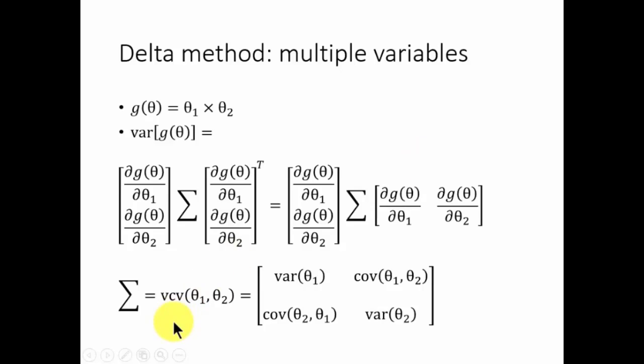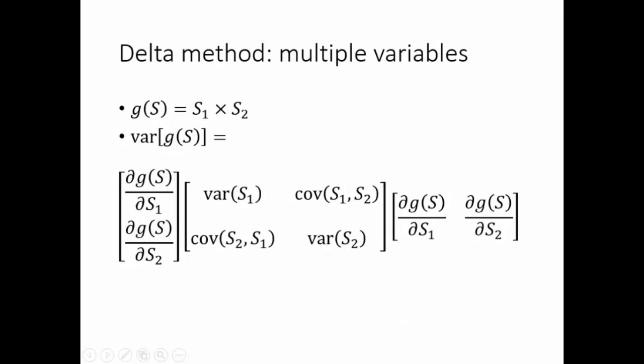The variance covariance matrix has variances for theta 1 and theta 2 on the diagonal and covariances between the parameters on the off diagonal. Here is an example for the product of survival probabilities S1 and S2.